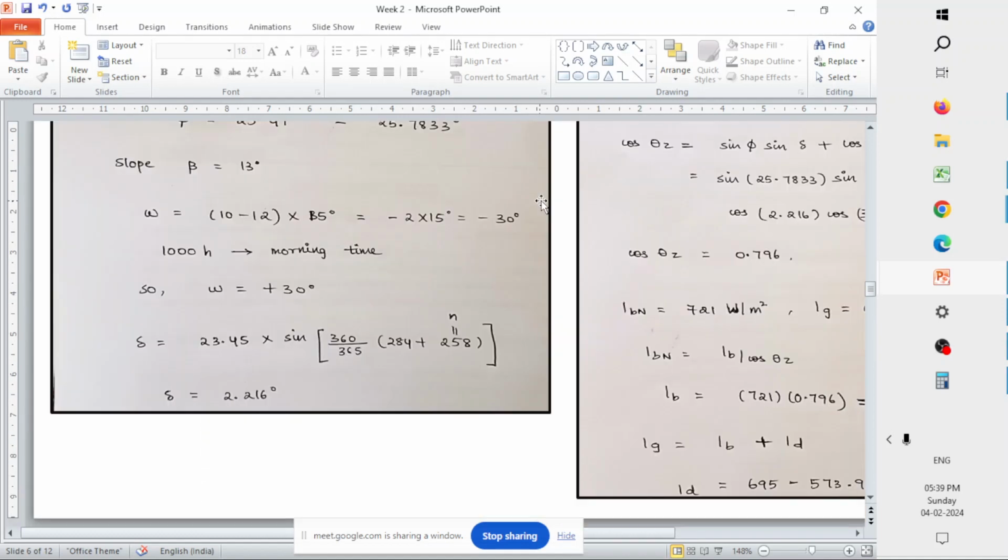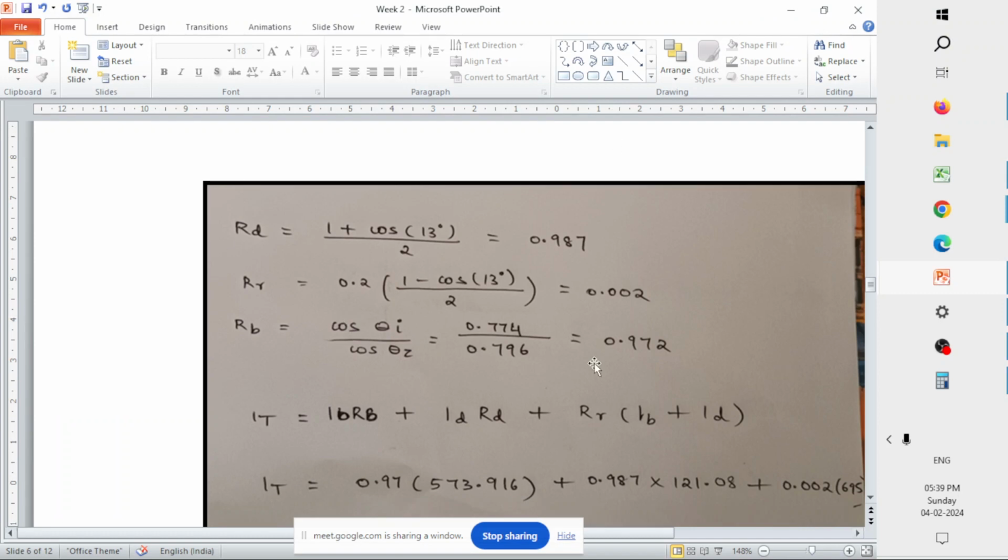So I hope now everybody will be able to solve. I am not going to show the answer right now. I'll just give 2 minutes time and then let's begin after that, because that particular calculation is very important.